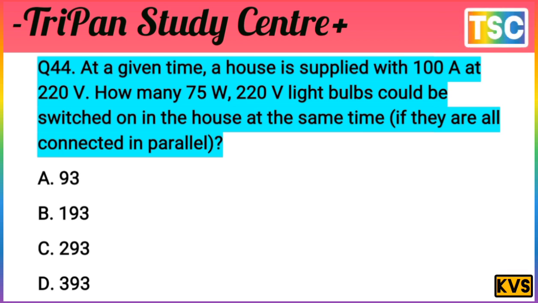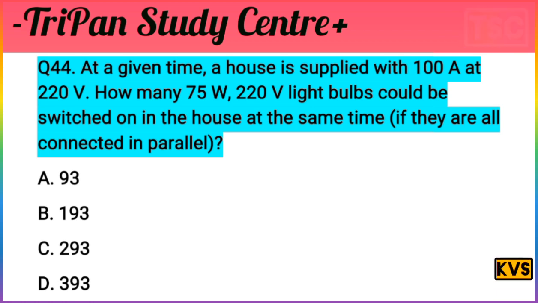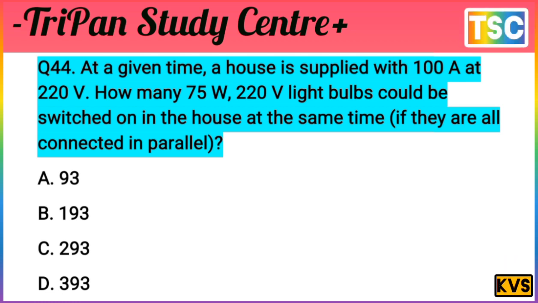How many 75 watt, 220 volt light bulbs could be switched on in the house at the same time if they are connected in parallel?